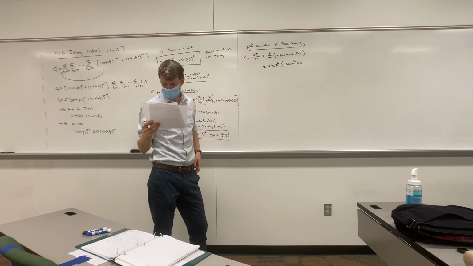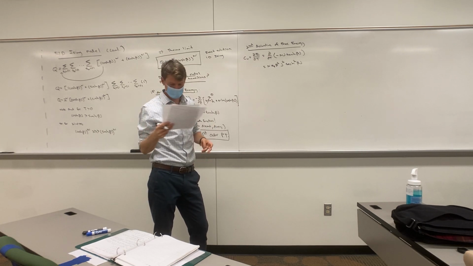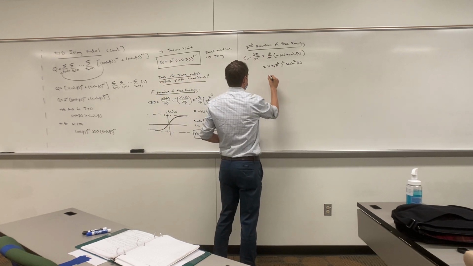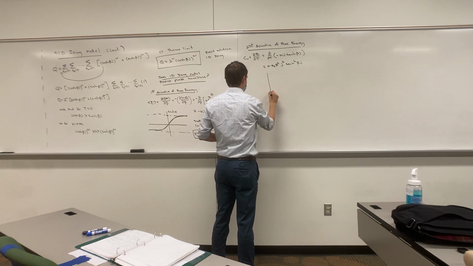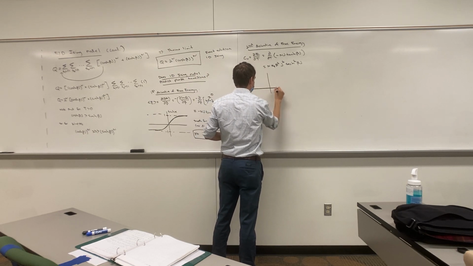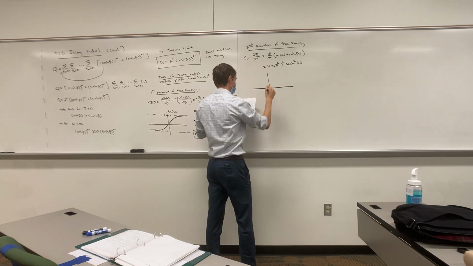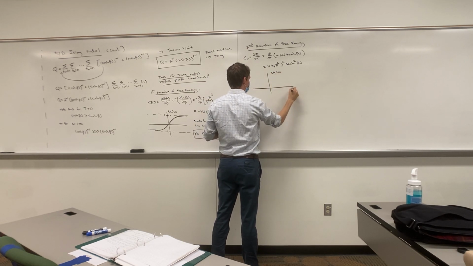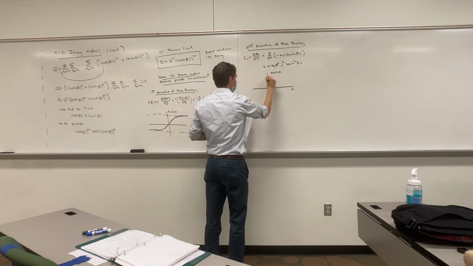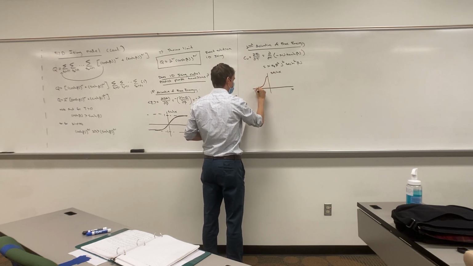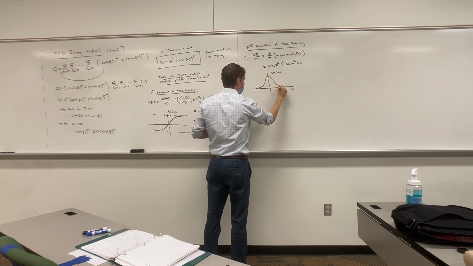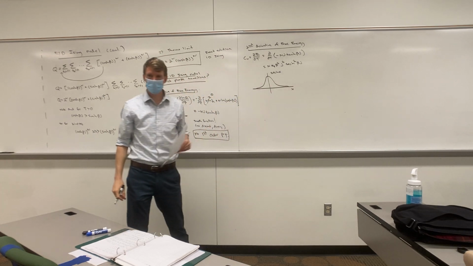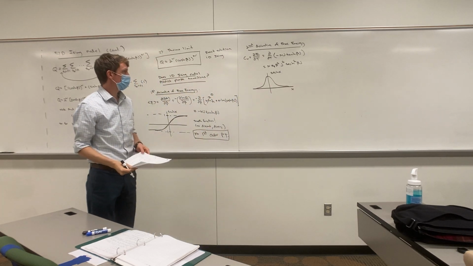And so now we need to look at what the hyperbolic secant looks like. If we plot the hyperbolic secant of x versus x, it just looks kind of like this. It's smooth, kind of like this. Okay. The exact dependence doesn't matter.